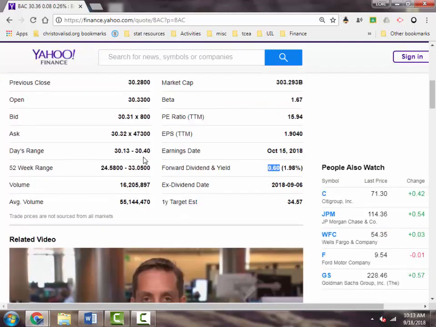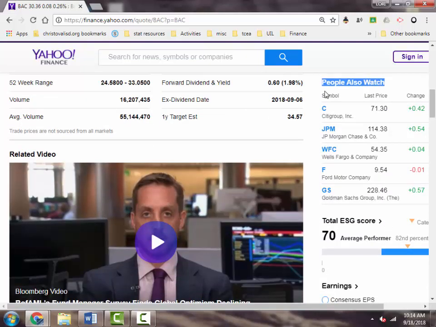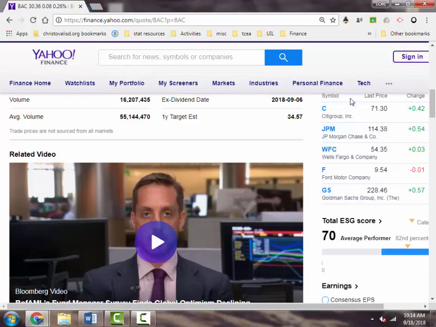Something nice to see is when you look up a stock over here, see where it says people also watch. This tells you similar stocks that people that are looking at this are also looking at. And so you can compare which of these does it look like it's the best for me to buy. So Citigroup is another bank. JP Morgan Chase is another financial.